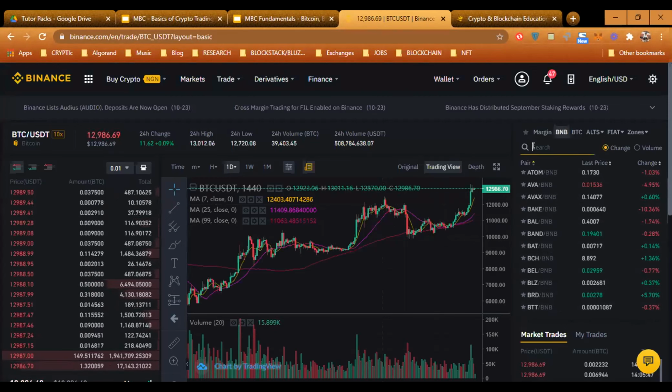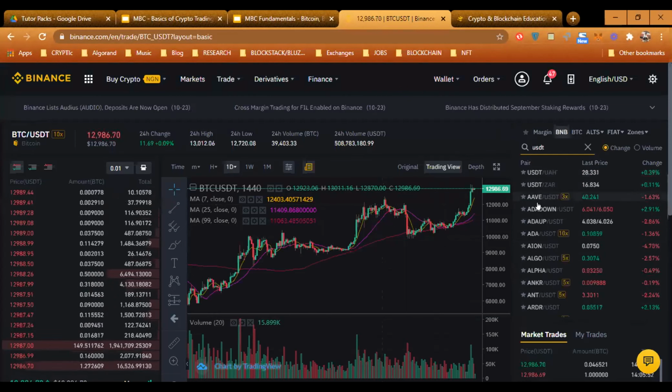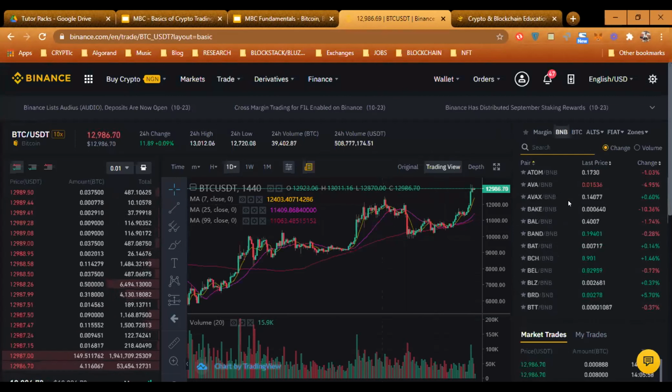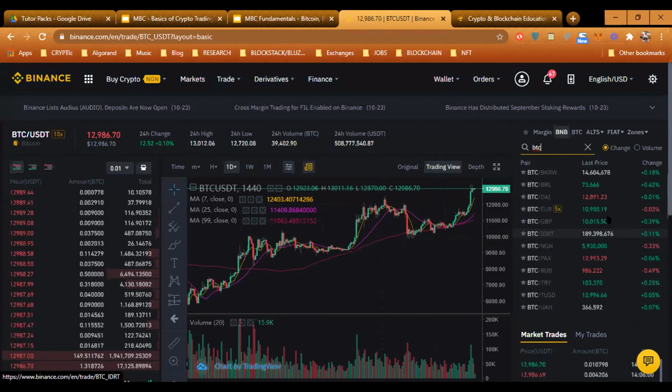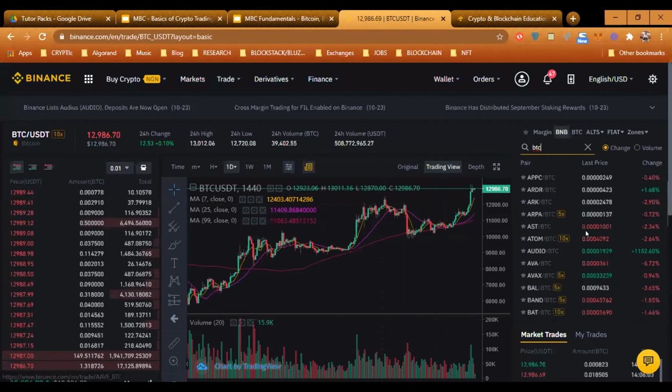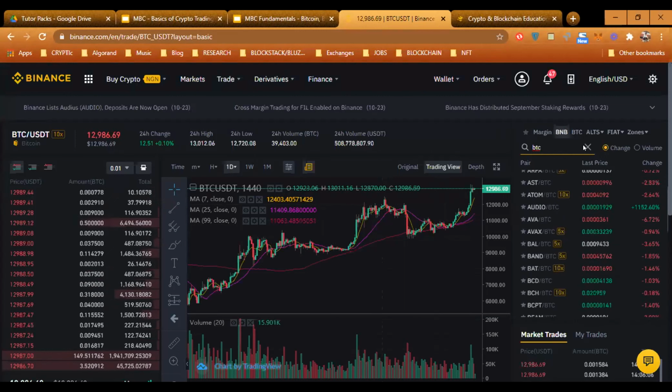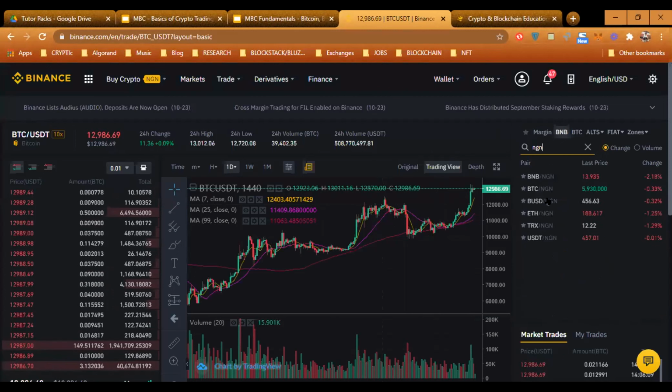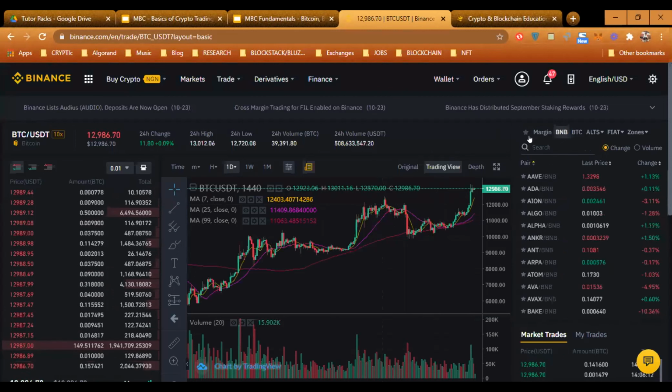I can click here and search for USDT market pairs, right? I can see the coins that are trading against USDT. I can click here and search for BTC market pairs. I can also check and see the things that are trading in Naira market pairs. Right? Now this is the market pairs.